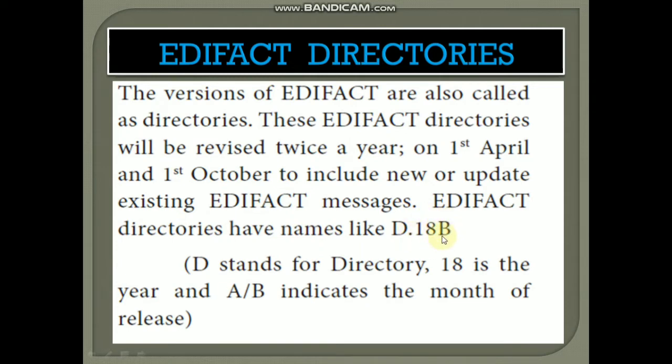B is for the second half of the year. For example, if it is D.18a, then the directory was revised on 1st April 2018, if it is A. Now it is B, so it is on 1st October.